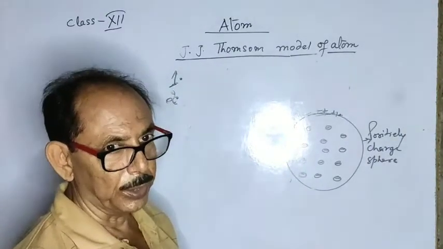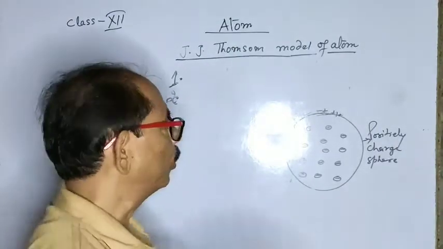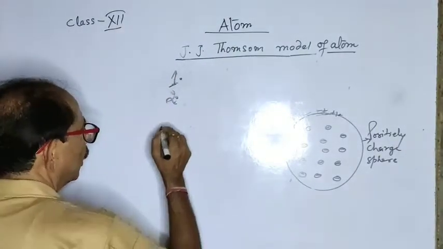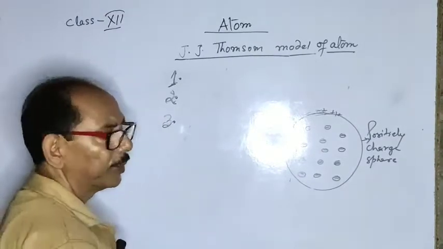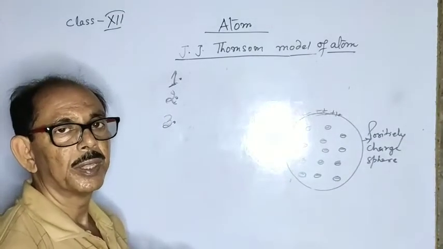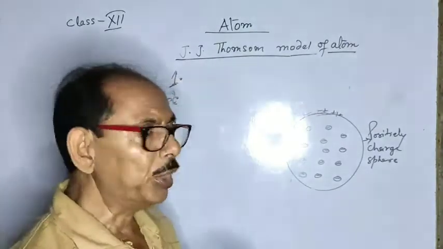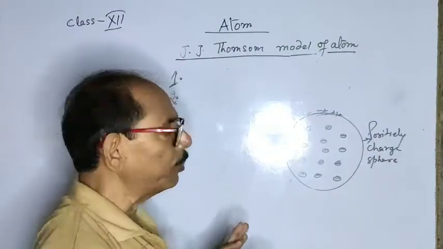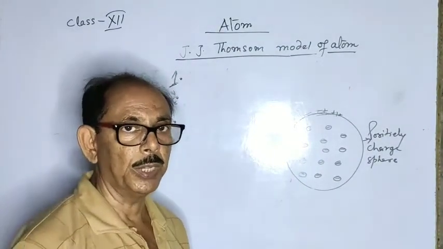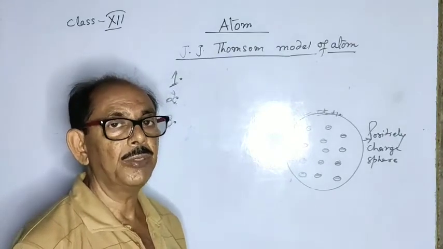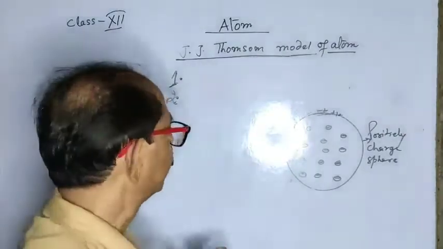But why and when, यह कैसे और क्यों होता है, इसके बारे में उन्होंने नहीं बताया. Third, he was unable to explain the exact position of the electron and proton, that is the positively charged particles, inside the atom. He did not describe it.